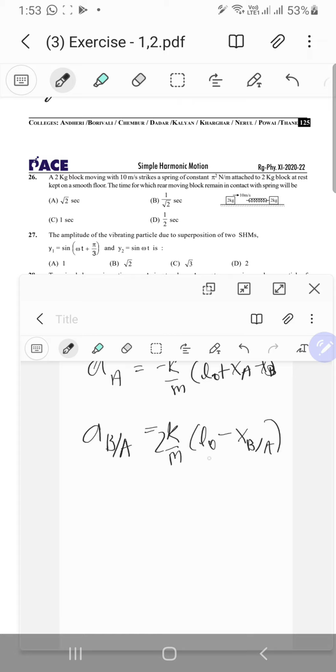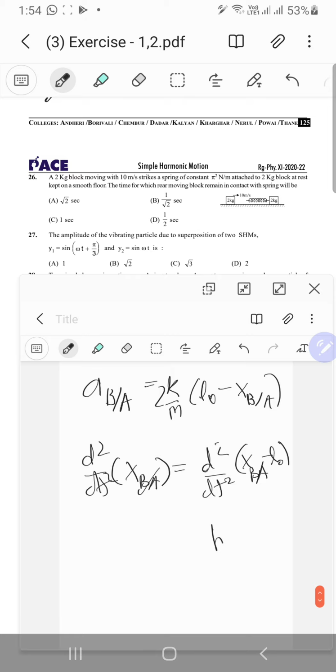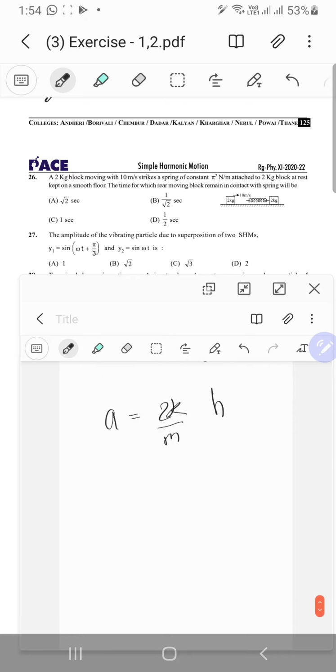If we can say this thing is d squared by dt squared of xba, which we can write as d squared upon dt squared of xba minus L naught. Cool. So if we just let that be h, then we can write the acceleration as 2k upon m into h. So now we can easily find the time period.